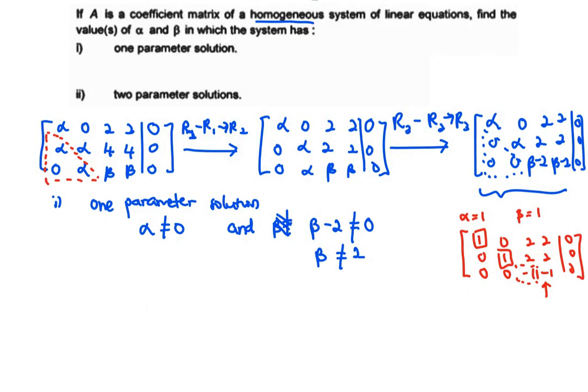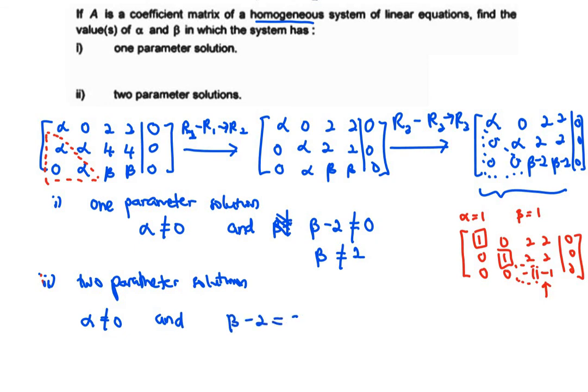Okay, while for two parameter solution, the value of alpha must not equal 0 and beta minus 2 must be equal to 0, that is, beta is equal to 2.